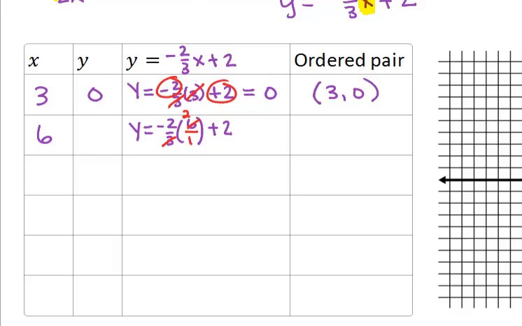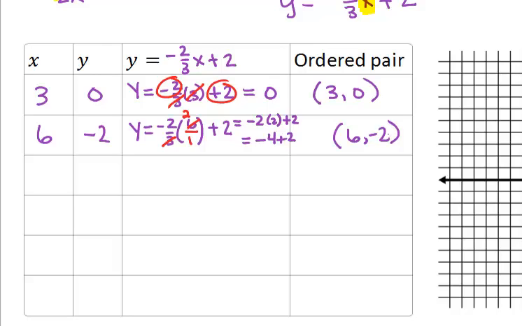So I have negative 2 times 2 plus 2, which gives me negative 4 plus 2, which simplifies to my y value of negative 2. And that gives me my ordered pair of 6, negative 2.